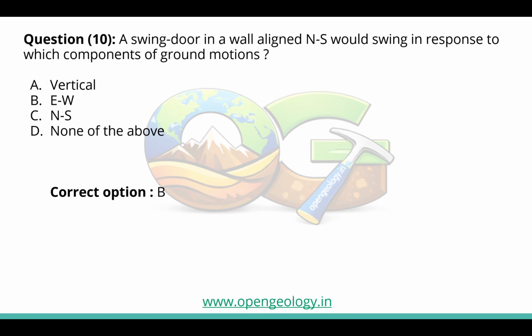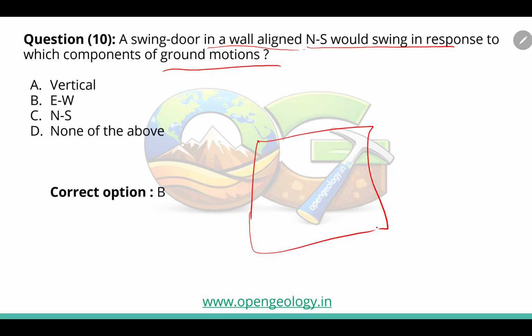Then another question, the last question. A swing door in a wall aligned north-south would swing in response to which component of the ground motion? So let's say a swing door is aligned north and south. Let's say this is our room and this is the door.